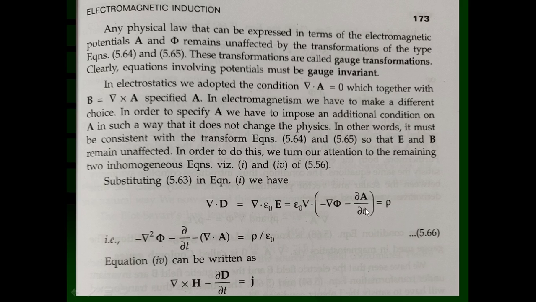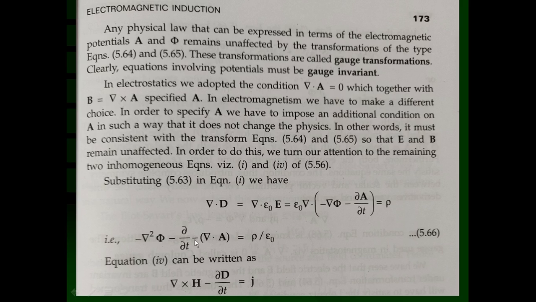We can interchange the order of derivative, so we can write first del del T of divergence of vector potential A. So this is equal to minus del square phi minus del del T of divergence of vector A, that is equal to rho upon epsilon 0.